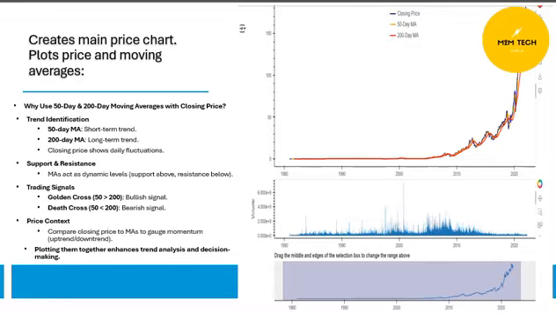The 50-day moving average captures short-term trends, while the 200-day moving average reveals long-term momentum. Together with the closing price, they identify bullish or bearish patterns.